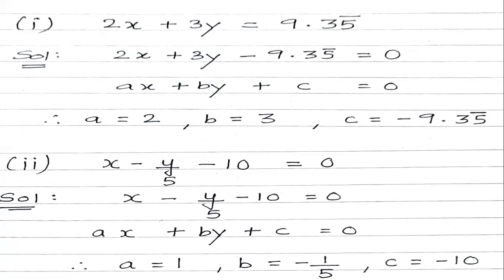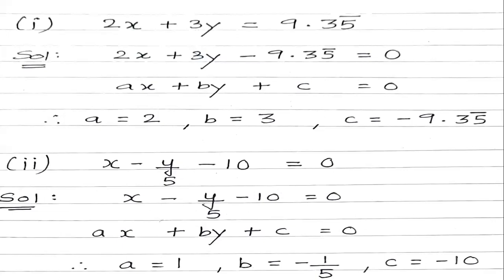As part of the solution, 2x plus 3y, which was already in the LHS, stays. Now 9.35 bar, which was on the RHS, is brought to the LHS. So plus 9.35 bar goes to the other side of the equal sign and becomes minus 9.35 bar. So we have the equation 2x plus 3y minus 9.35 bar is equal to 0.